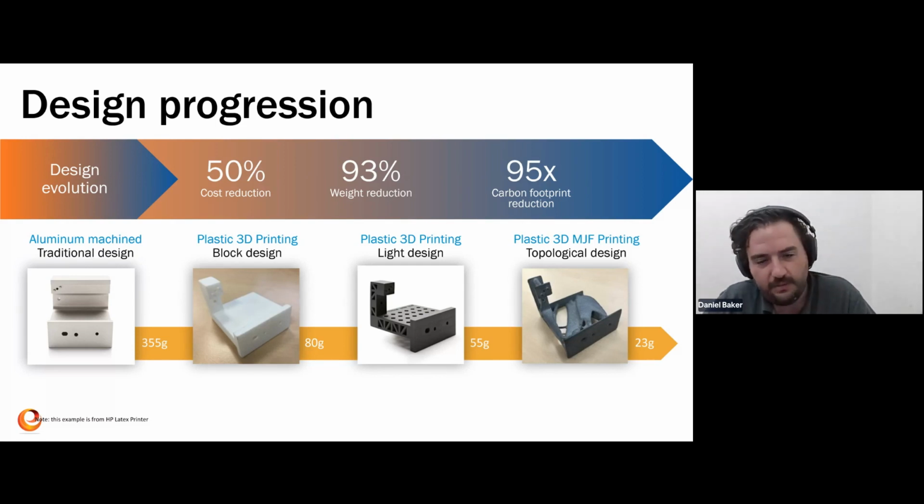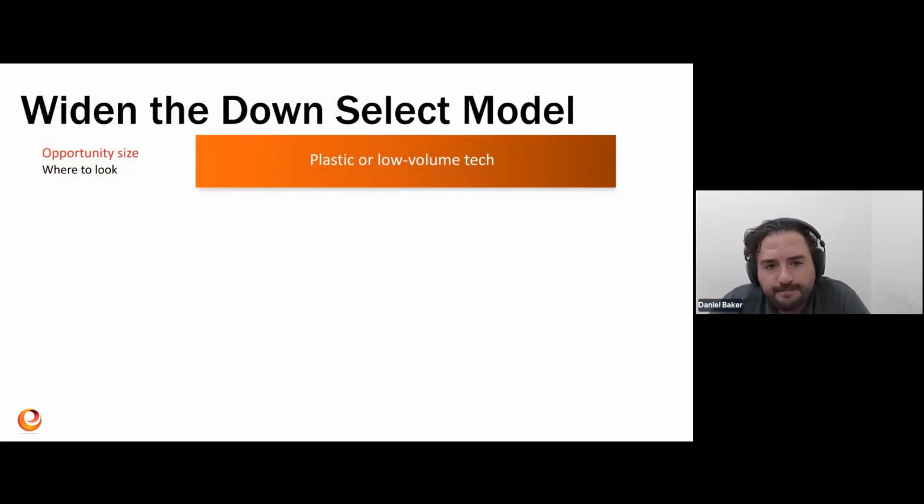And then lastly, you run through software simulations and you optimize that design for the same function and same strength, but the lowest footprint and the lowest weight possible. In this specific part, HP was able to cut 50% of the total cost to manufacture the part, 93% weight, and a 95 times carbon footprint reduction.